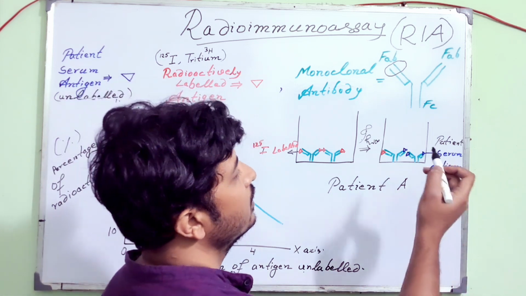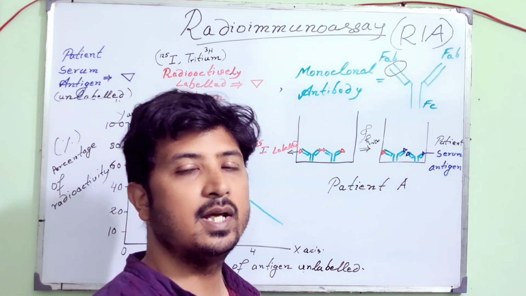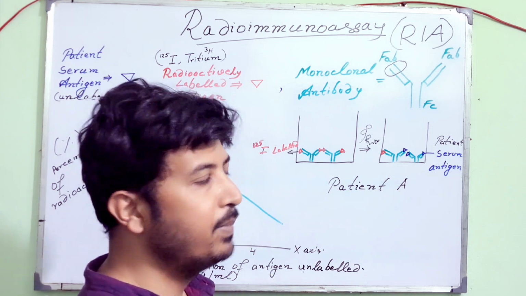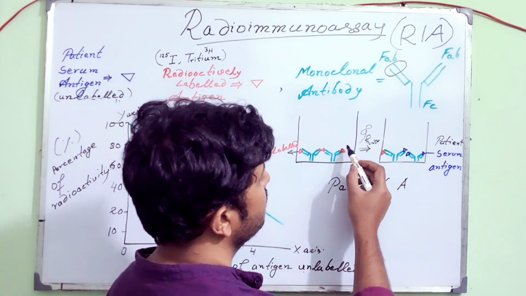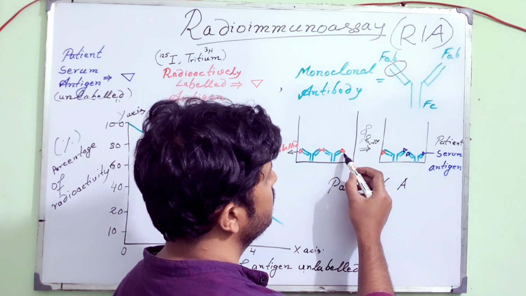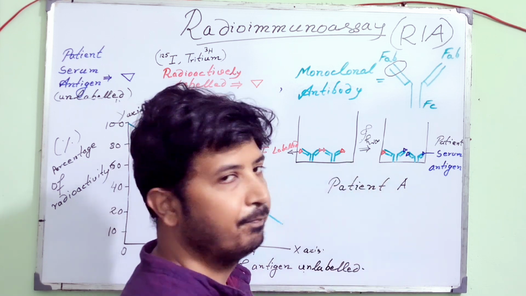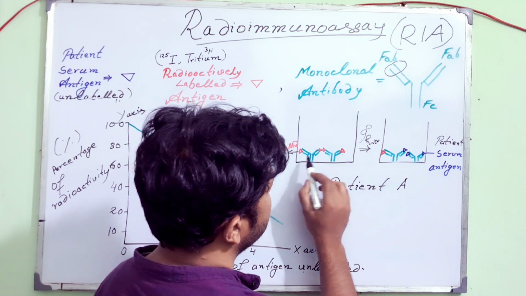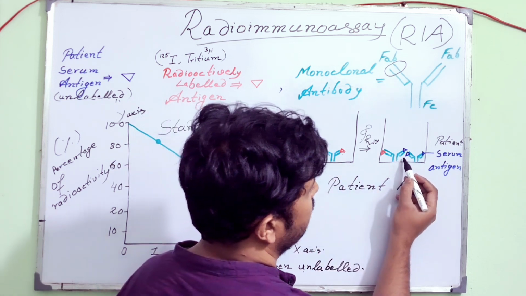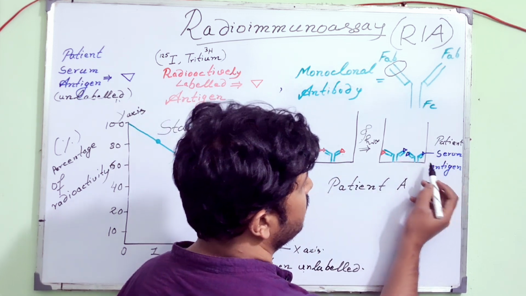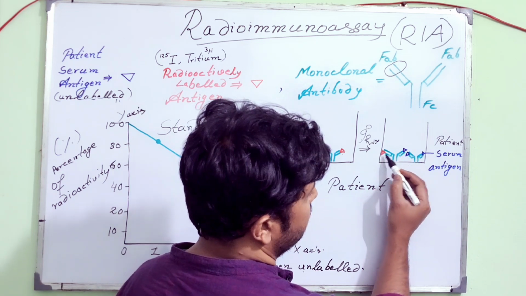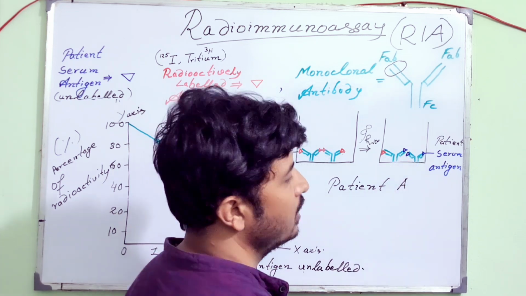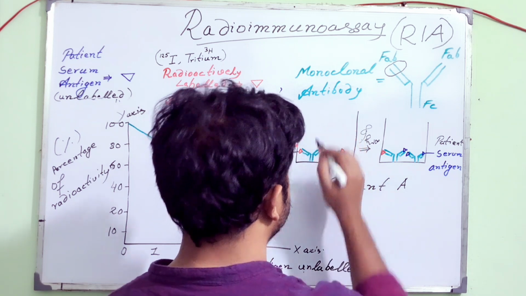Then you have added patient serum, which contains the antigen, right? So it will compete with the radioactively labeled antigens for the binding sites of the antibody. You can see here 4 molecules of radioactively labeled antigens were there, and after addition of the patient serum, only 1 is left.